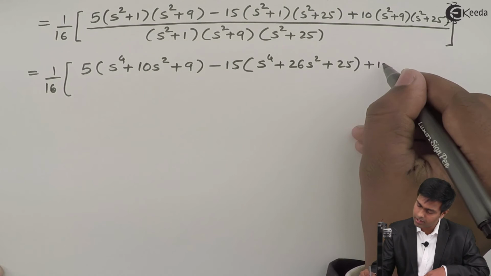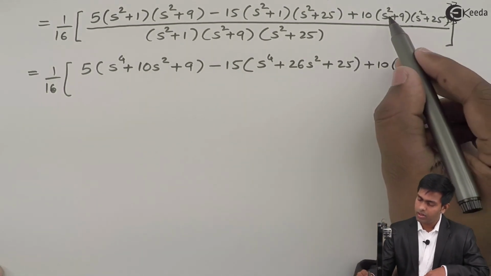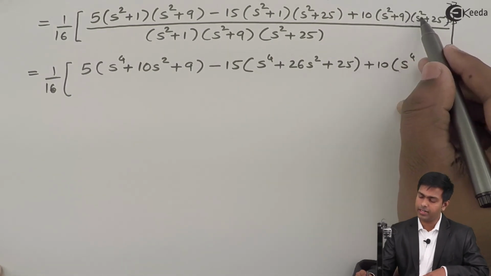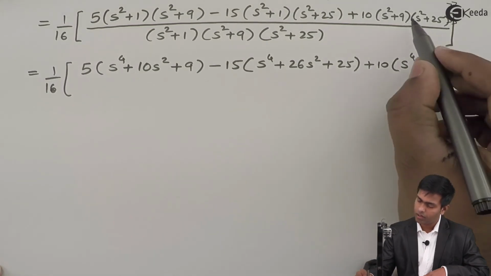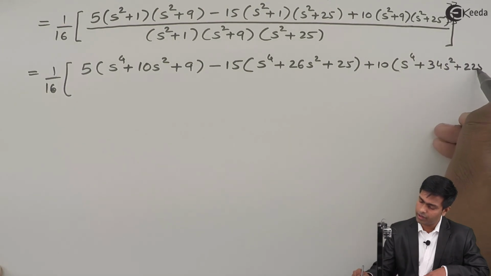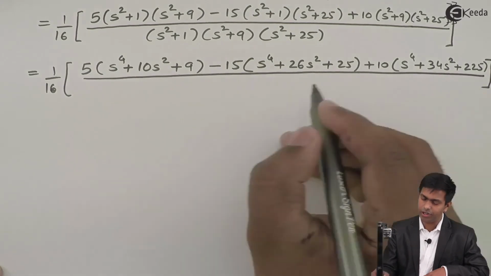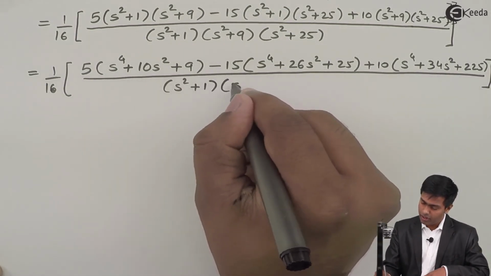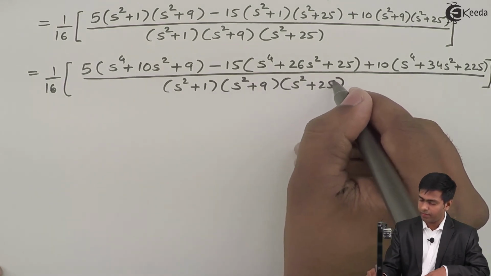And in the end plus 10 into s square, s raised to 4, s square into 25, 25s square, and this 9s square will become 34s square, and 9 into 25 will give us 225. And in the denominator the three terms are as it is. So s square plus 1 into s square plus 9 into s square plus 25.